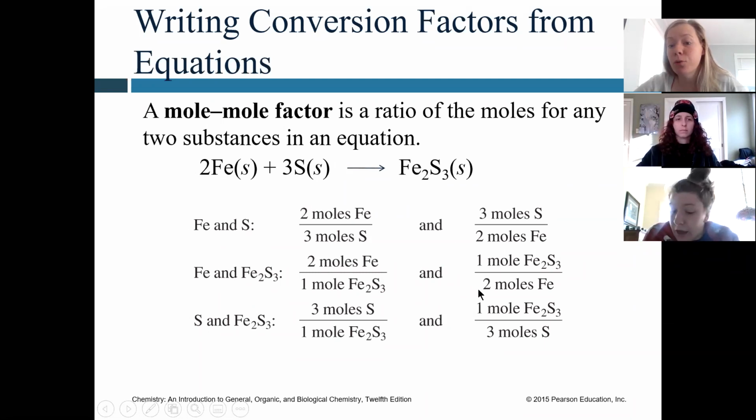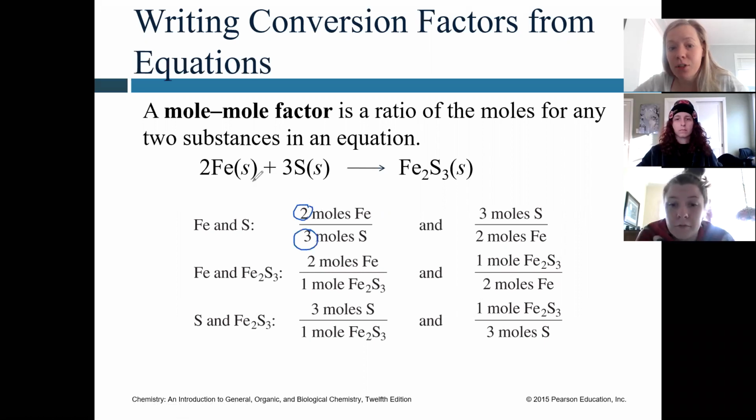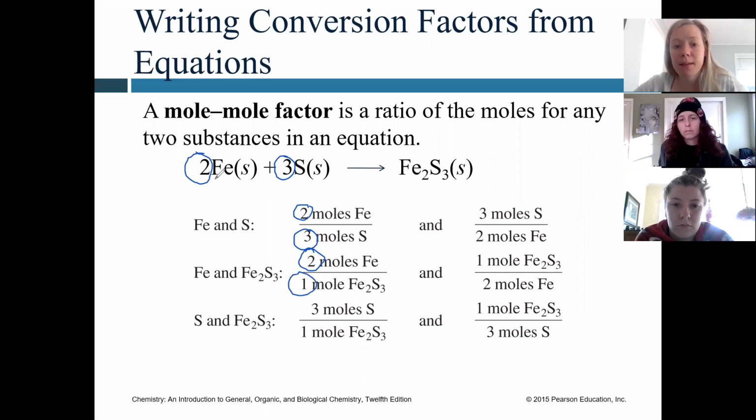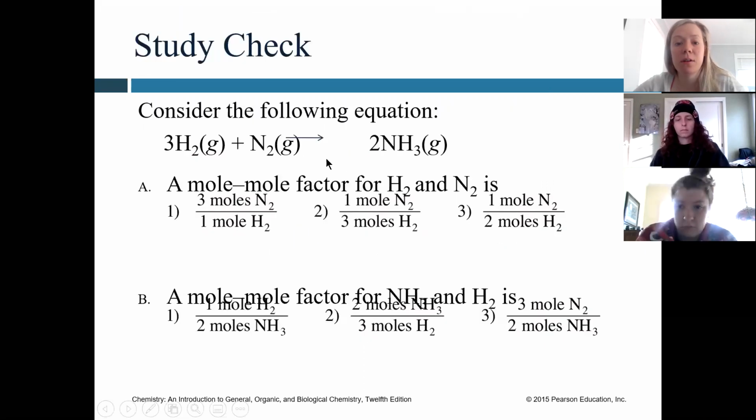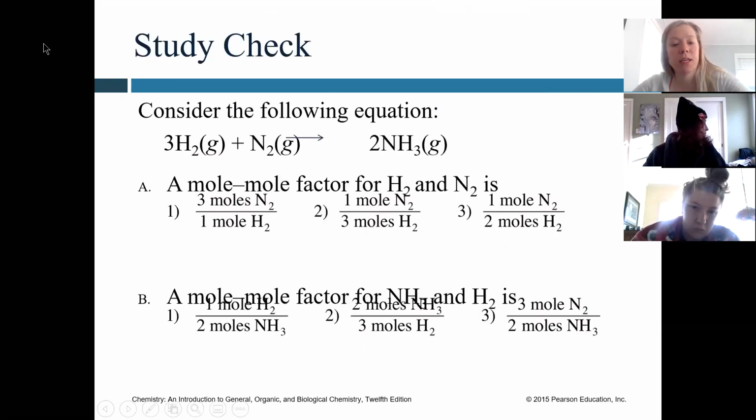So you have quite a few things built in, but you don't have to write every single one out. Where are these numbers coming from? They're just getting pulled off of the coefficients. This 2 and 1 is coming from the 2 here, and then the 1 that's inferred in the front. So they're all built in with the coefficients. Yay. So now we can do stoichiometry.